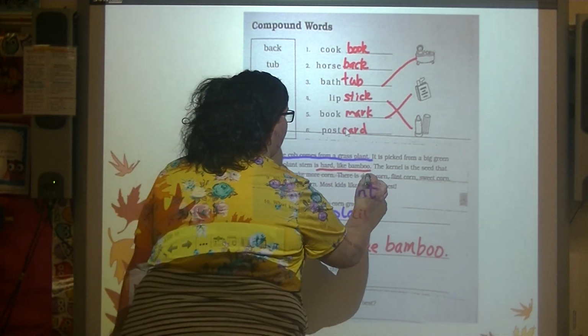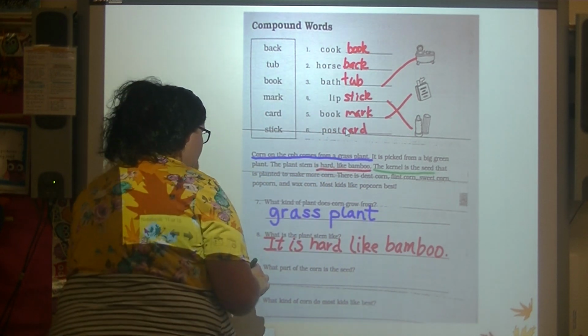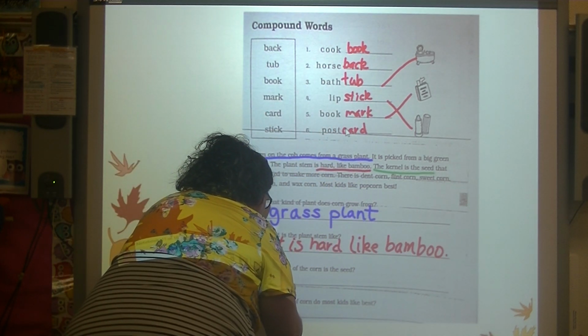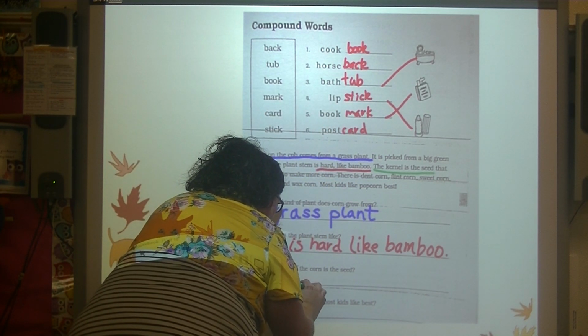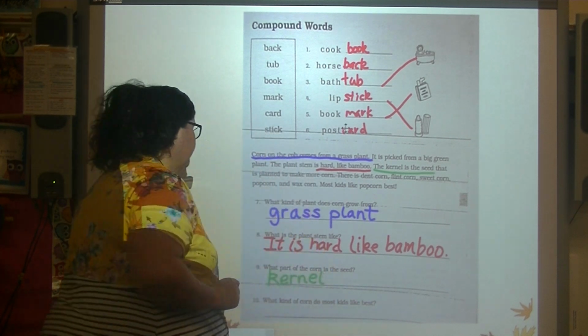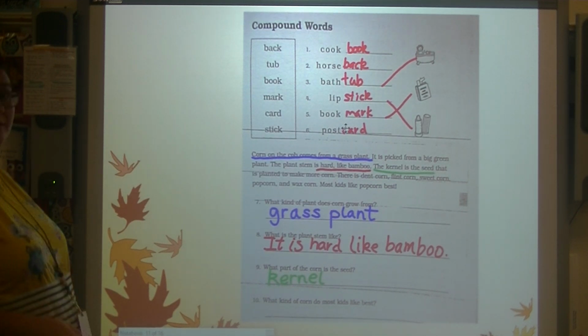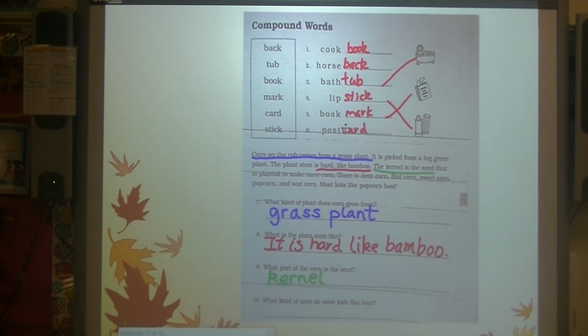It says the kernel is the seed. The kernel. You have to use the kernels to plant to make more corn.